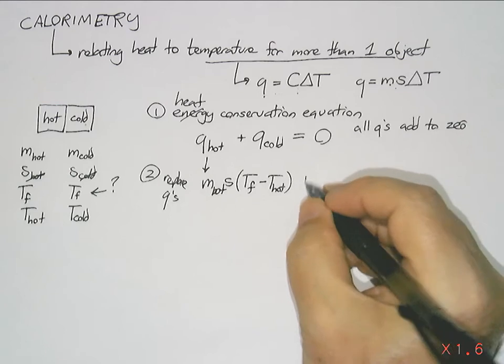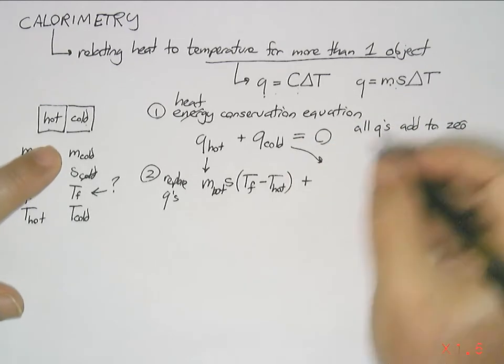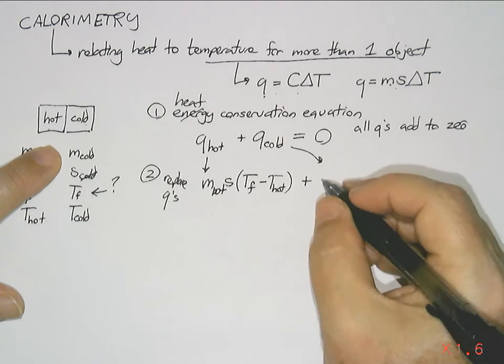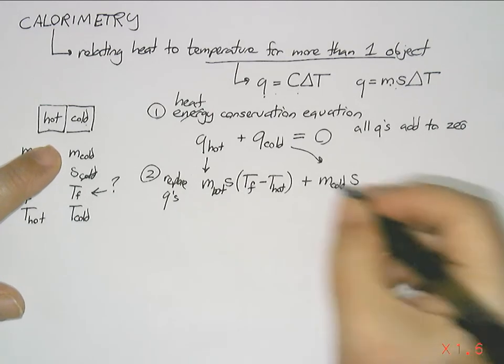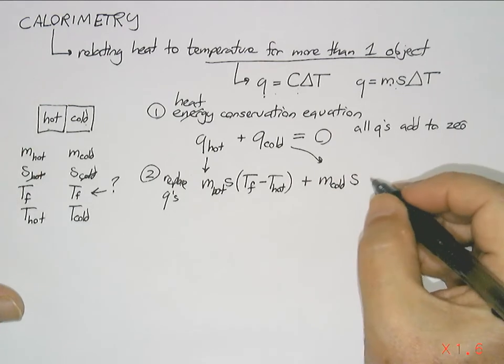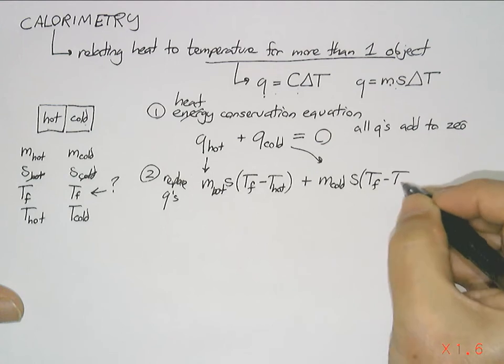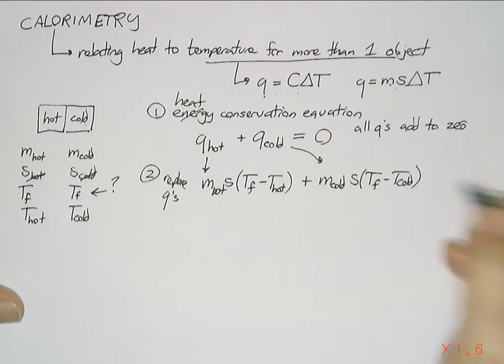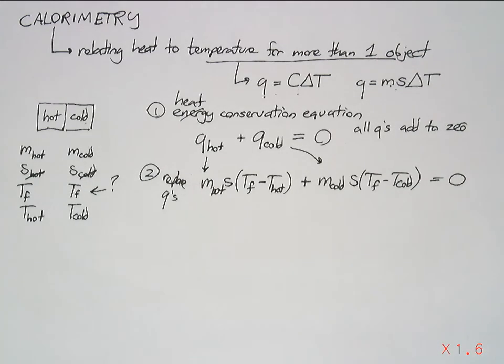And then I have Q cold, and I can replace that with the mass of the cold block. I'm going to use mSΔT again, mass of the cold block, times the specific heat, which is the same as the one over here, times the final temperature minus the initial temperature of the cold block. And all of that has to add up to 0. So now I have a more complicated looking equation.